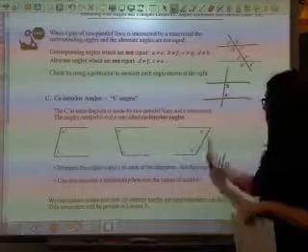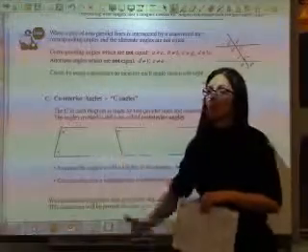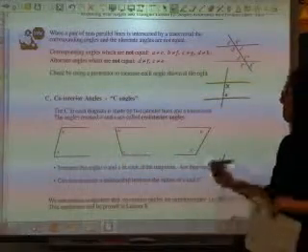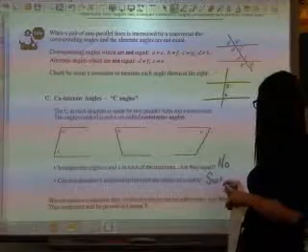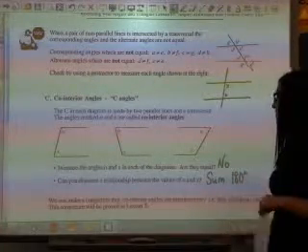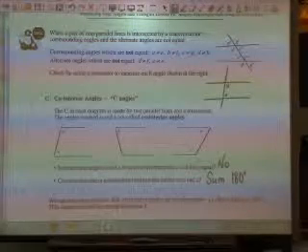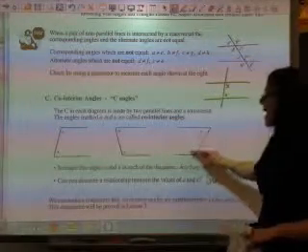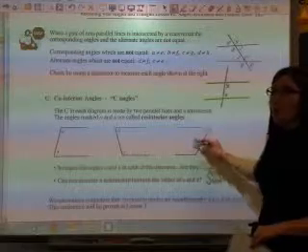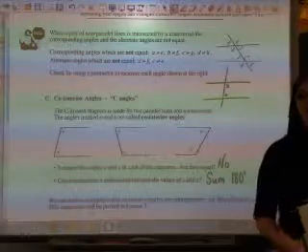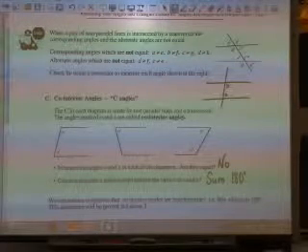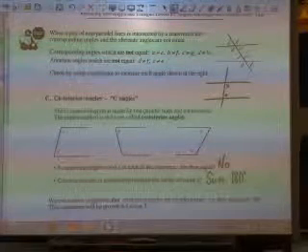Okay. But did you notice something about the two angles? They both have a sum of 180 degrees. So the conjecture that I can make is that the sum of co-interior angles is 180 degrees.